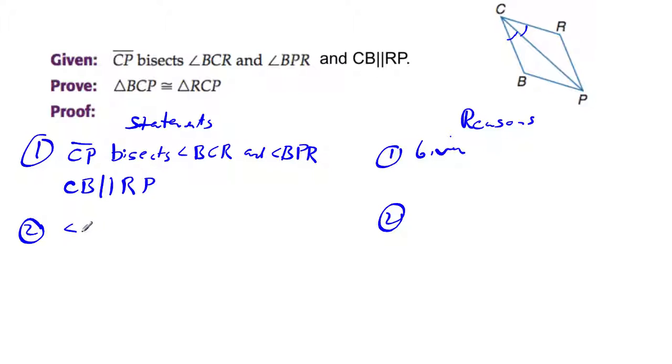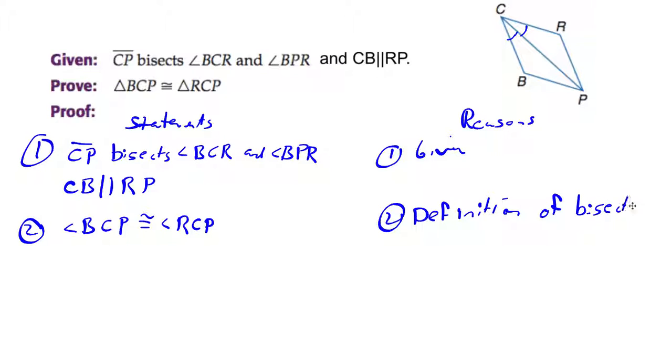So I can say that angle BCP is congruent to angle RCP, and that is the definition of angle bisector. But also in that same step, I can also say that angle BPC is congruent to angle RPC.